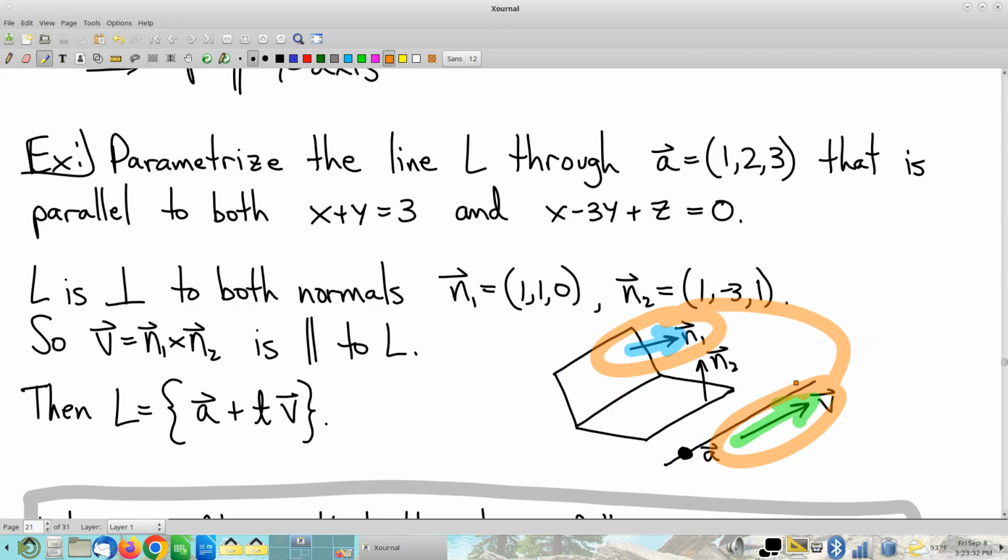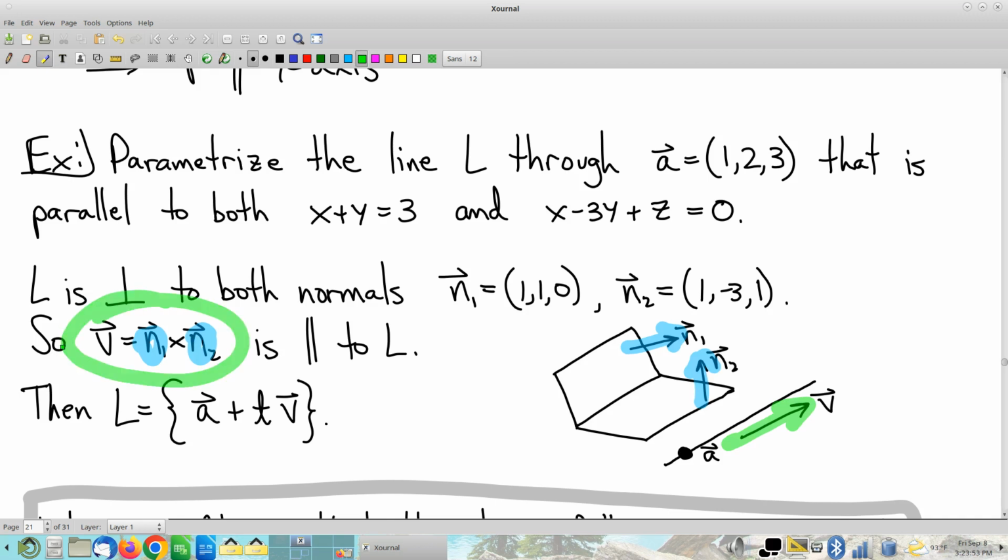Everybody buy that? Just a purely geometric appeal, right? And then likewise for the other one. So in fact, altogether, what we have here is that vector needs to be perpendicular to both of these vectors, and we know that the cross product will do that for us.